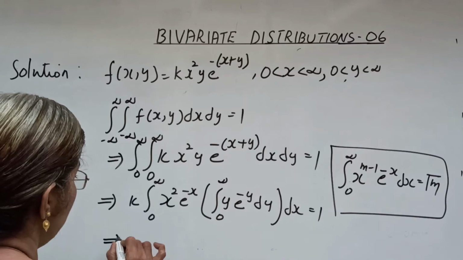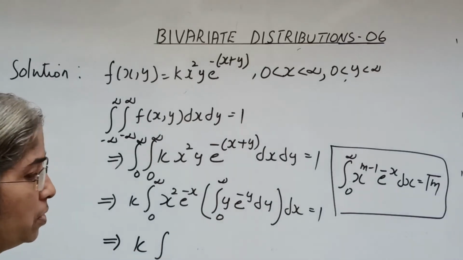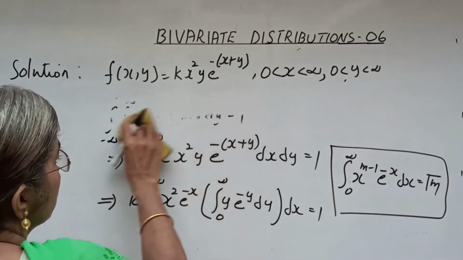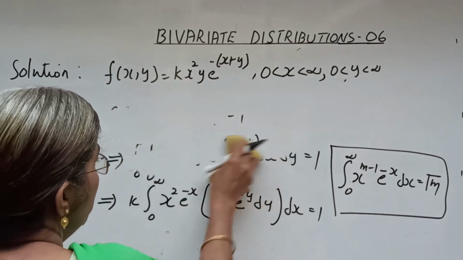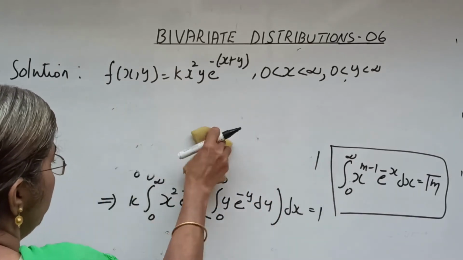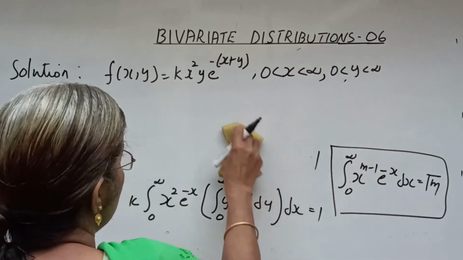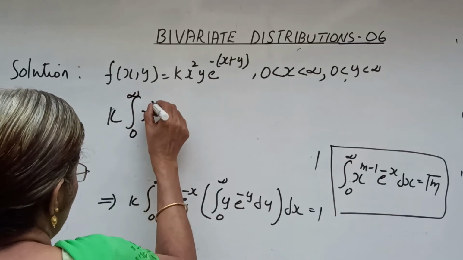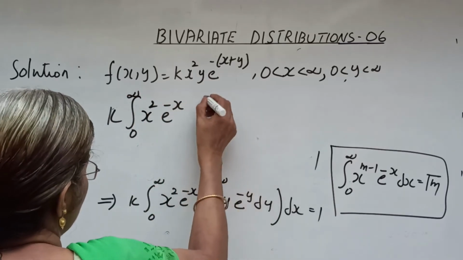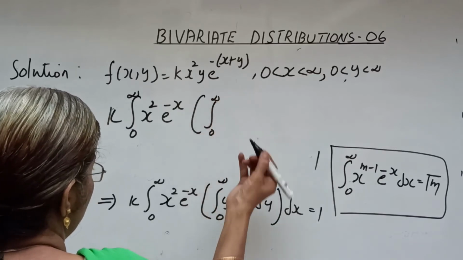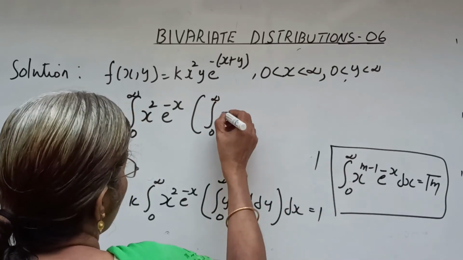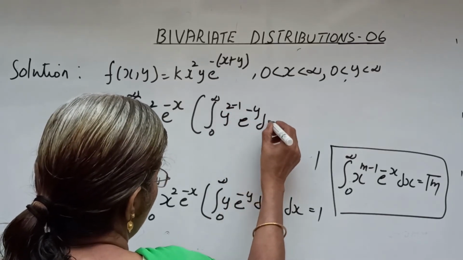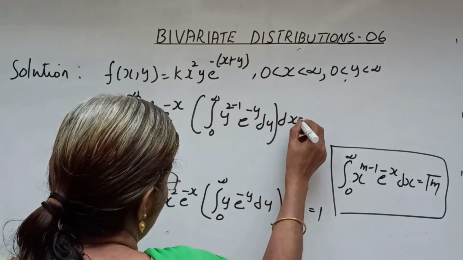So that implies k into integral 0 to infinity, let me write. That is k into integral 0 to infinity x square e raised to minus x into integral 0 to infinity, I am writing in this form, y raised to 2 minus 1 e raised to minus y dy into dx equal to 1.